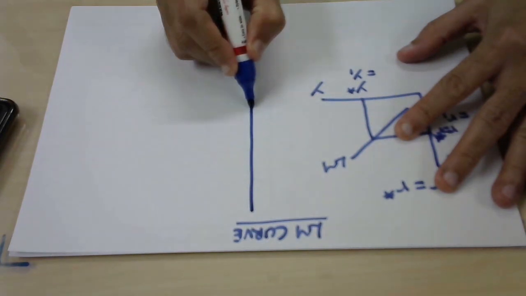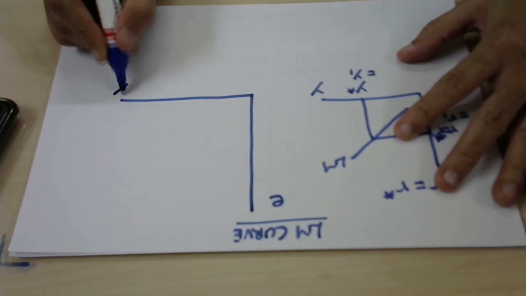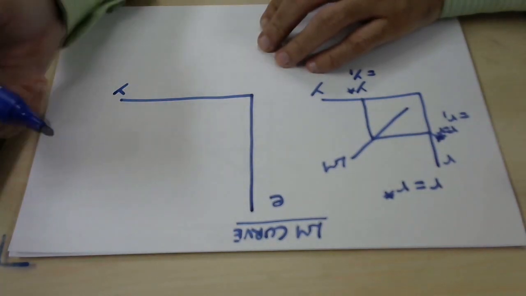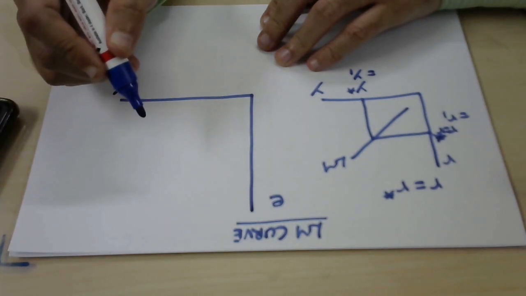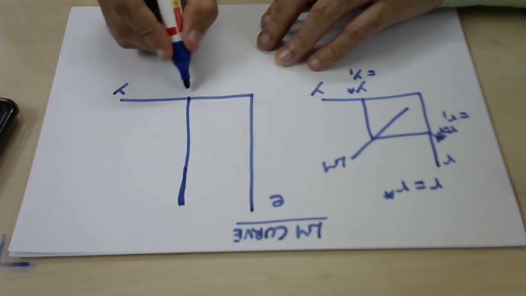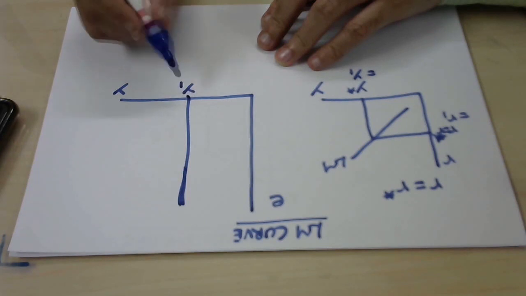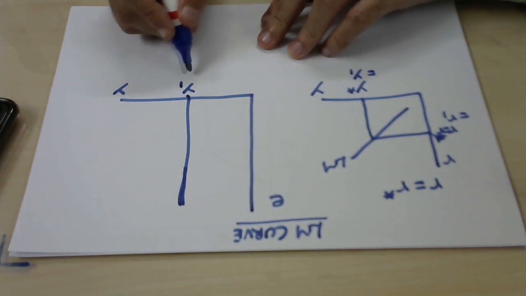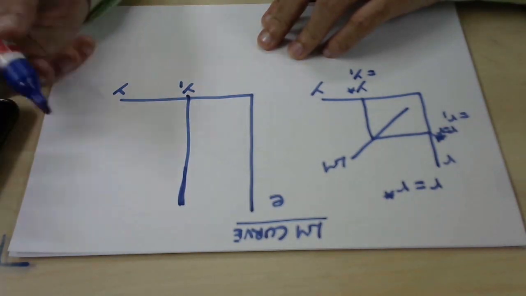So if I plot exchange rate and GDP, I will find the LM curve will look like a vertical line, and this vertical line is vertical at GDP level of Y1, and this Y1 is corresponding to the interest rate in the domestic economy, which is equal to the interest rate that is prevailing in the rest of the world.